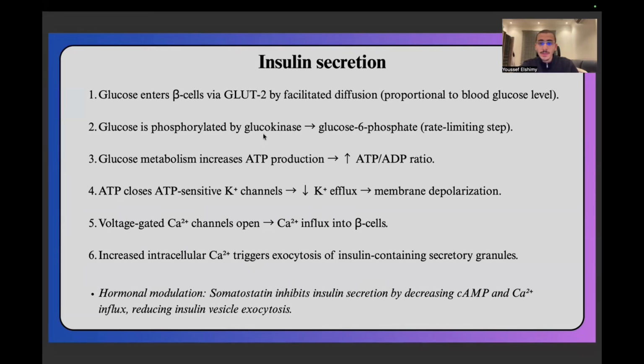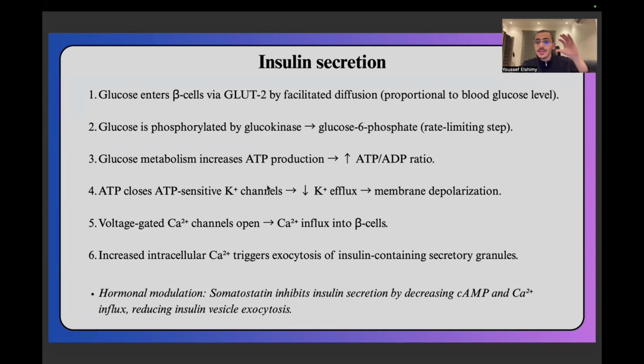Okay? What happens is that this glucose is then phosphorylated by glucokinase, and this changes glucose into glucose 6-phosphate, which is the rate limiting step. And through several reactions, the glucose is going to be metabolized to ATP, and the ATP is going to increase and increase. So the ATP to ADP ratio would increase.